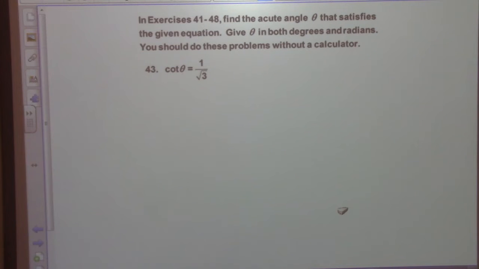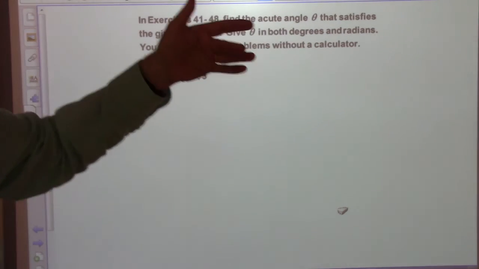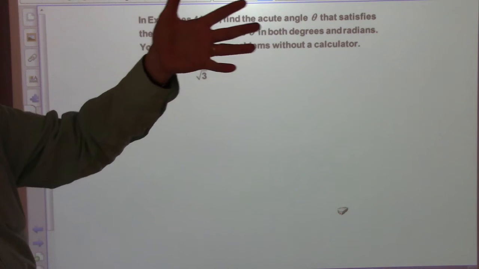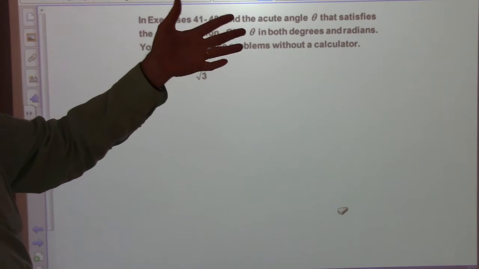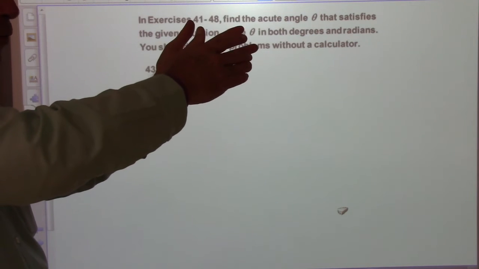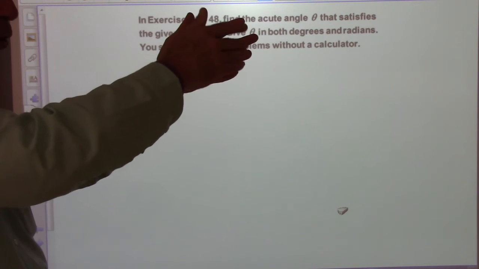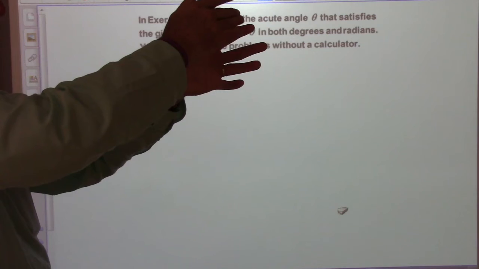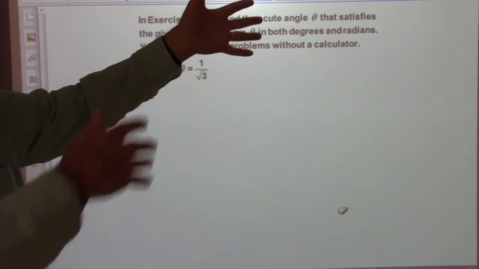Sine over cosine, right? So there's something I haven't shown you until now that is helpful with the unit circle. It's called the hand trick. You've seen me use the hand to get 0, 1 half and square root, or 0, pi over 6, pi over 2, all the way through.